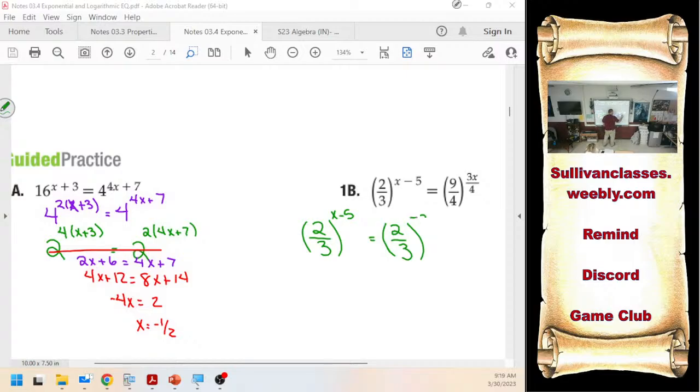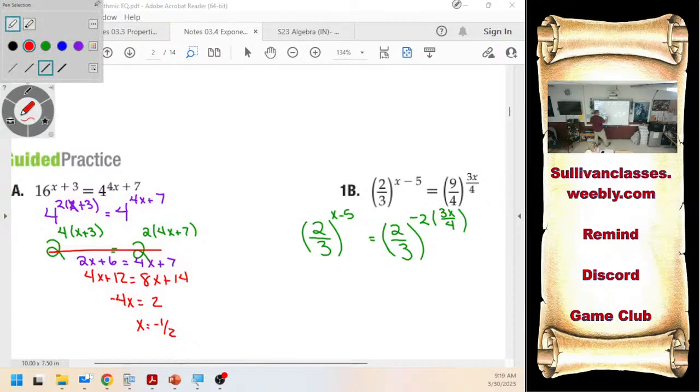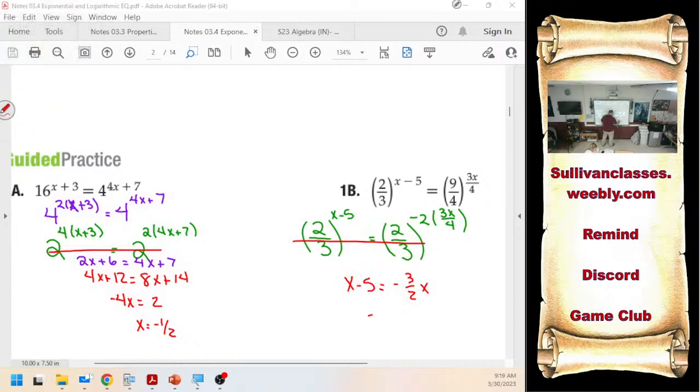So negative 2 is my power. Then we go one-to-one property. Get x minus 5 is negative 3/2 x. Subtract. Negative 5 is negative 5/2 x. Divide. X is 2.